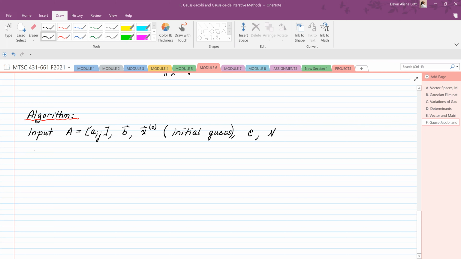So first thing I'm going to do is set k. Step 1: set k equal to 1.